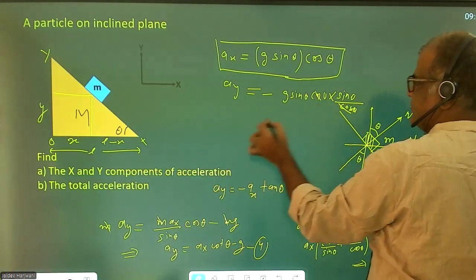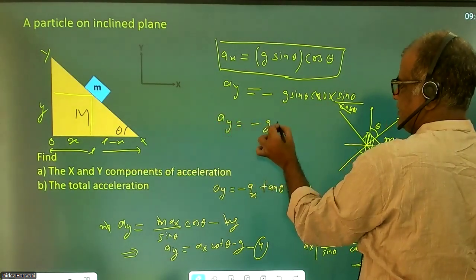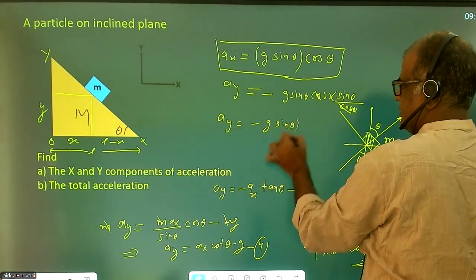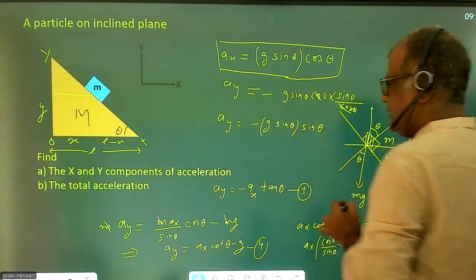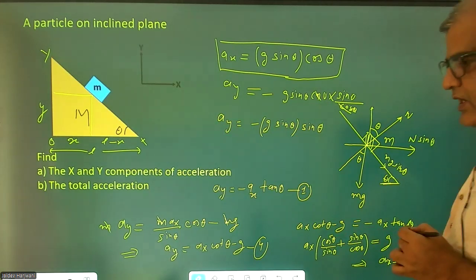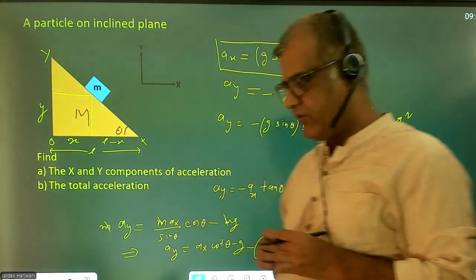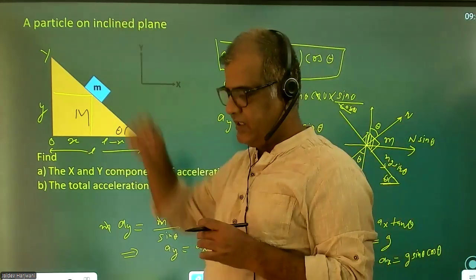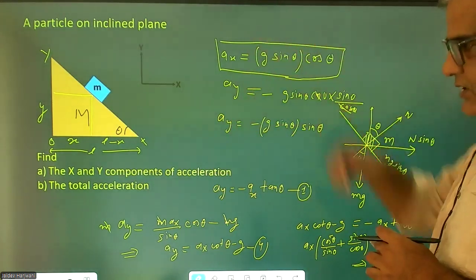This cancels out. So this gives me ay equals minus g sin squared theta. Now the y component is negative because the block is coming down, and we have chosen y in the plus direction, which is up.